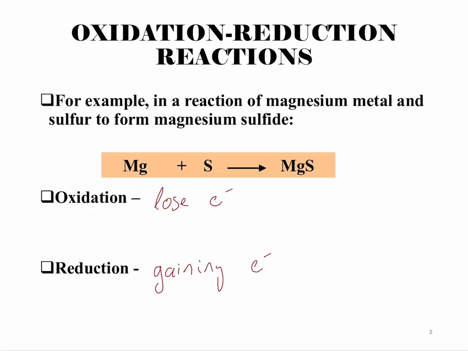So in any ionic bond formation, there's usually a redox reaction because one atom is going to accept electrons and the other one is going to lose electrons. So if you have an element in its natural state, what is the charge on that element? For magnesium, what is the natural oxidation state?